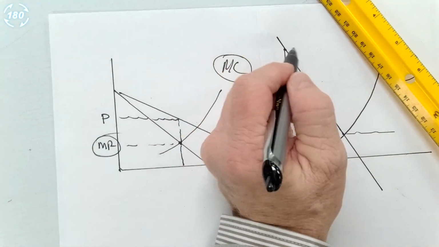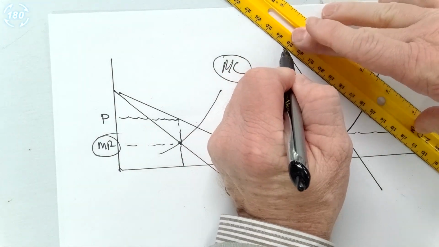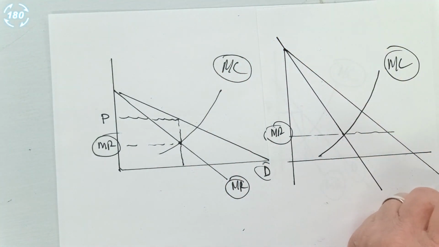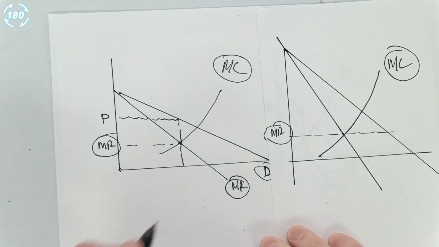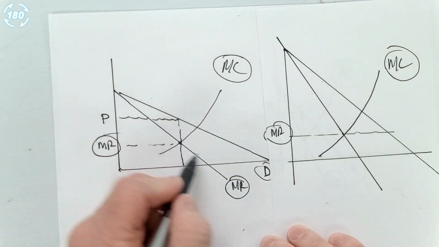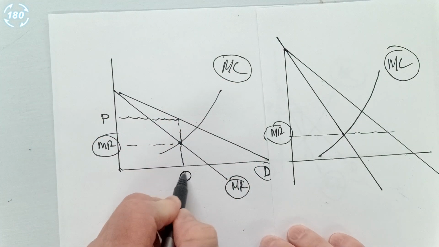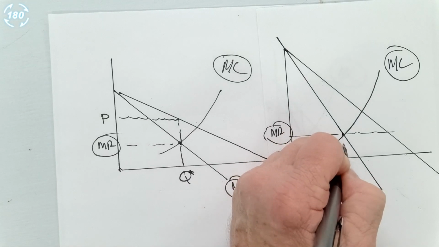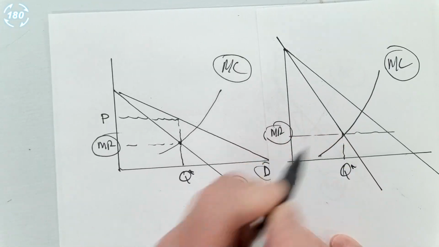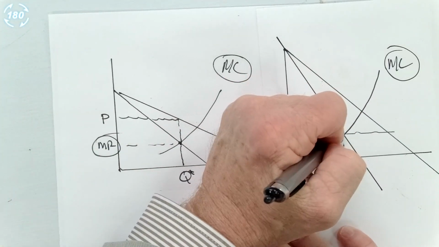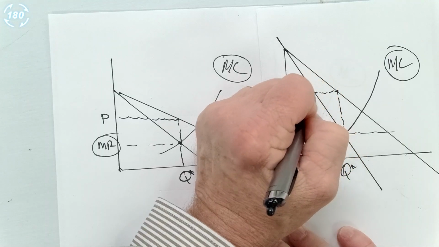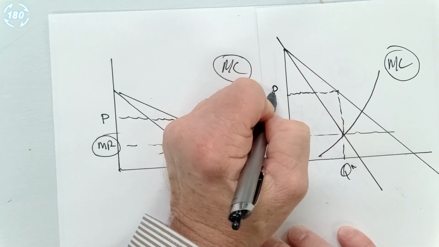If that's the case, then the demand curve's way up here, right? Demand is way up here. Now notice, always equate marginal revenue and marginal cost. So this is the optimal level of output. But up here, or I guess I should say on the right, it's obvious here you charge a much higher price.